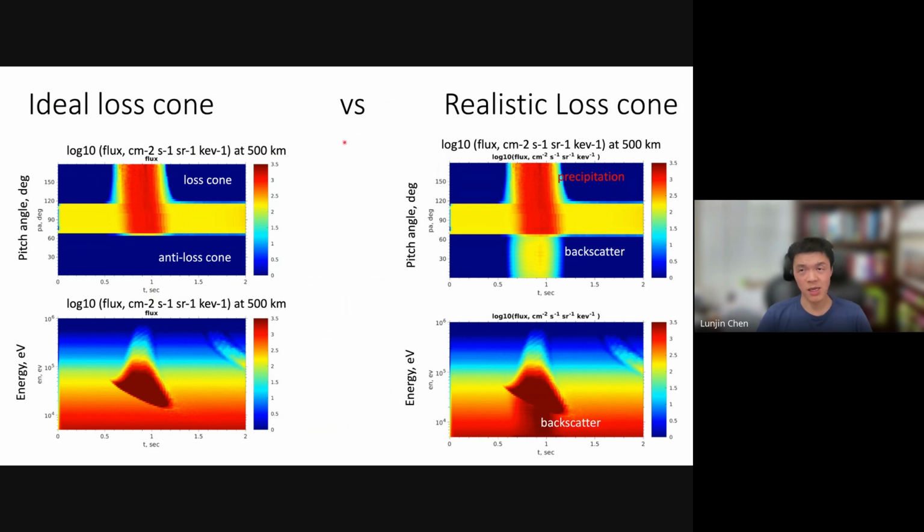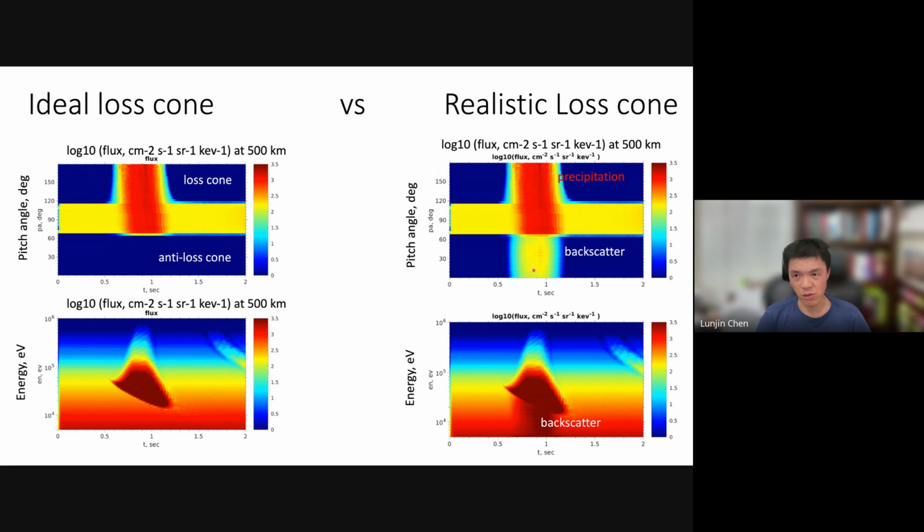But for the realistic loss cone case, we treat the collisional process, and then you start to see backscattered electrons moving away from the equator. What happens is that if you precipitate a very energetic electron downward, this electron has enough energy to excite secondary electrons in almost any direction.